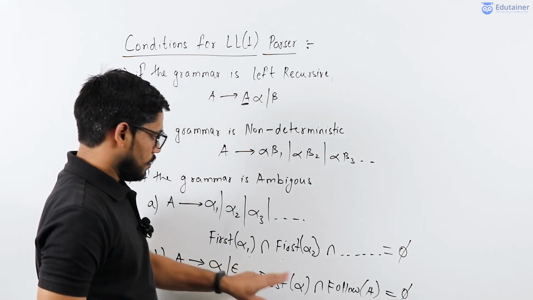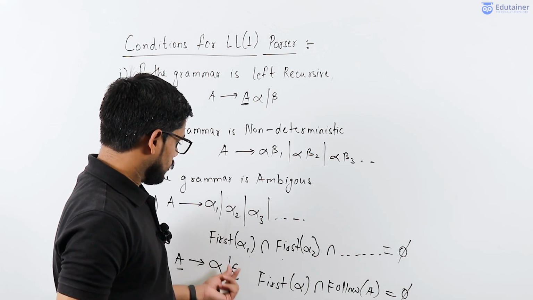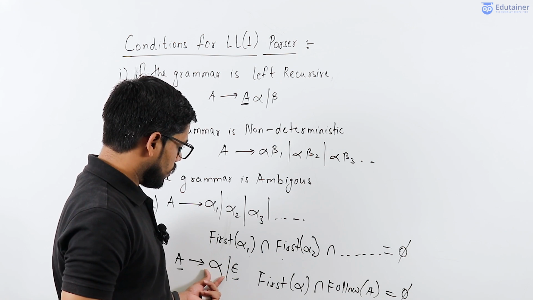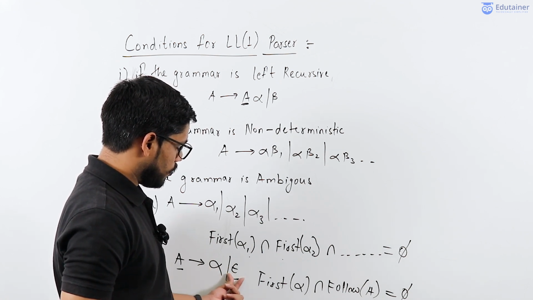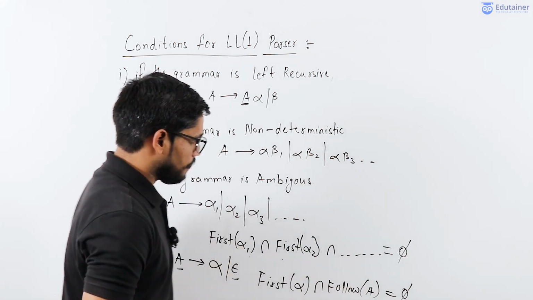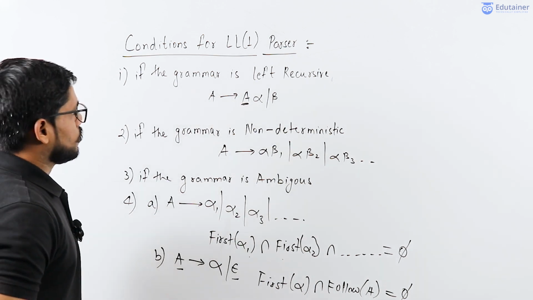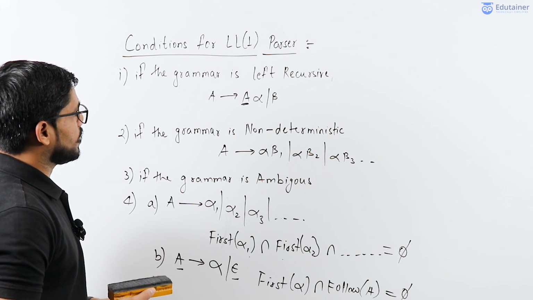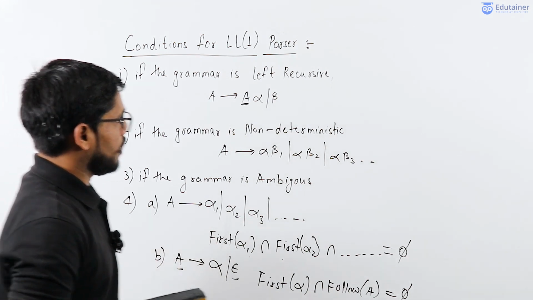So if the grammar contains an epsilon production, then the first of this particular production and the follow of the variable must be phi. This point is worth remembering before checking LL1 parsing for any grammar.